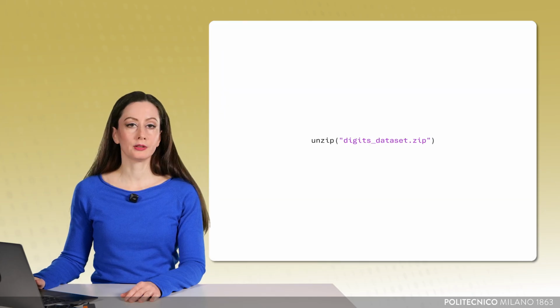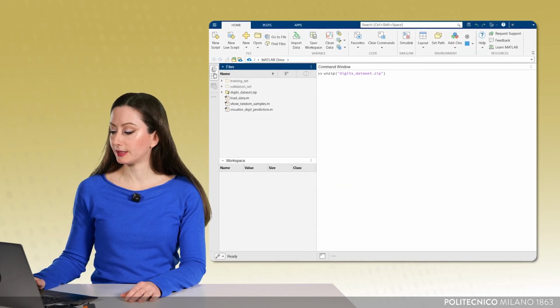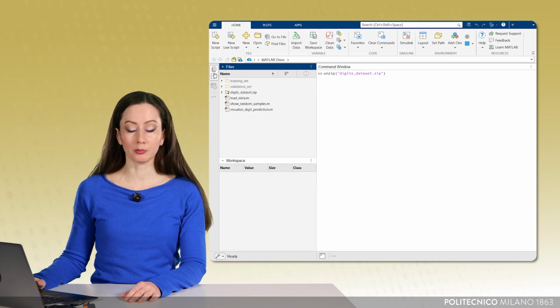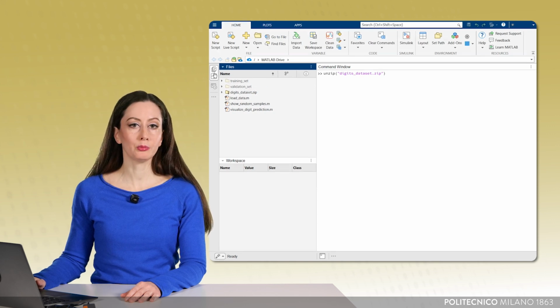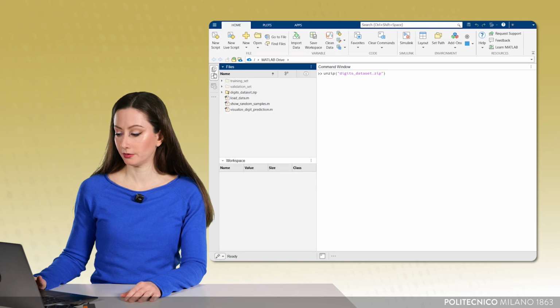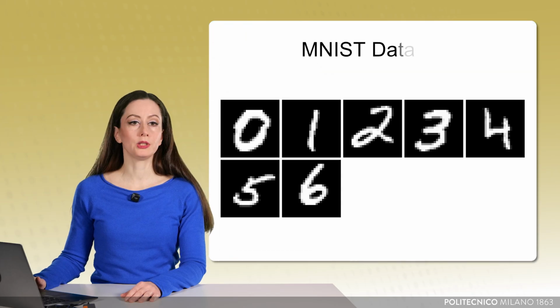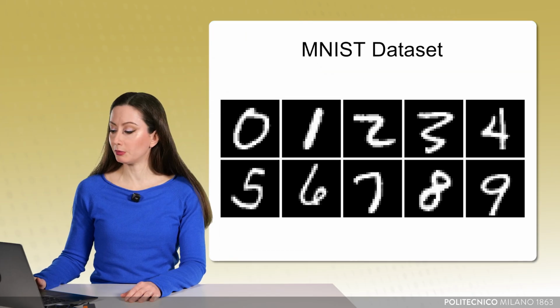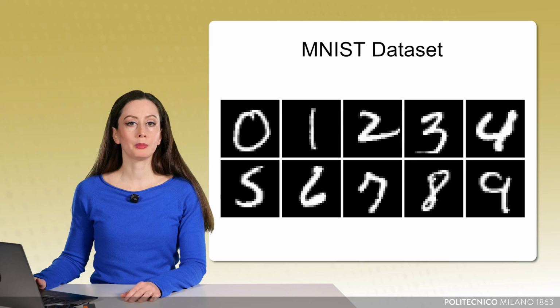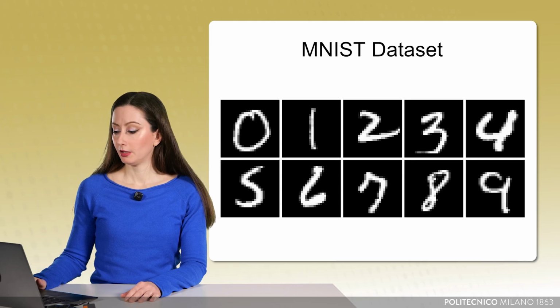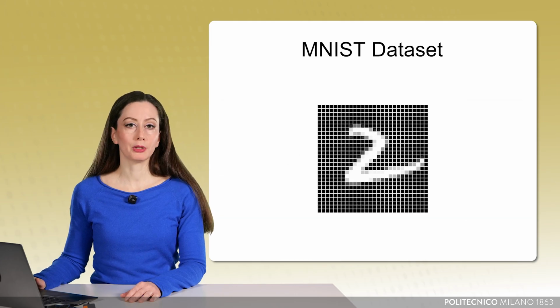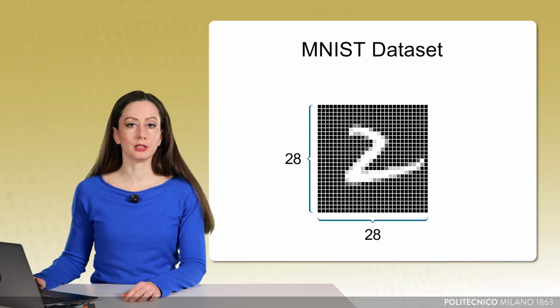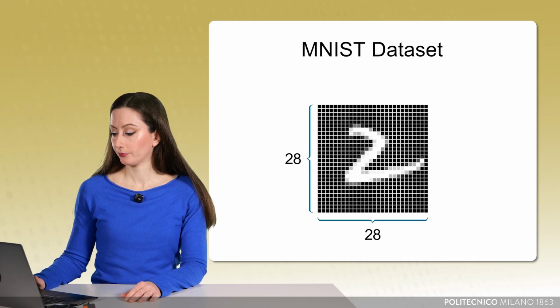We extract the contents of the digit dataset file using the unzip command, giving the file name as input and pressing enter. The folder we extracted contains images from the open source MNIST dataset, which consists of 28 by 28 pixels grayscale images of handwritten digits from 0 to 9.